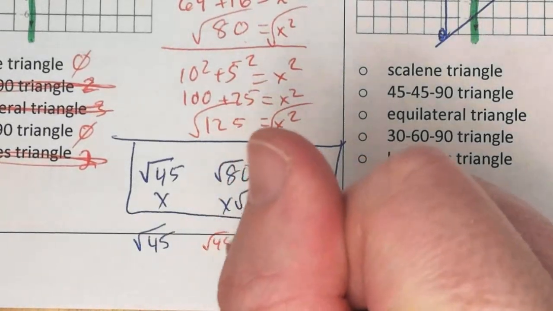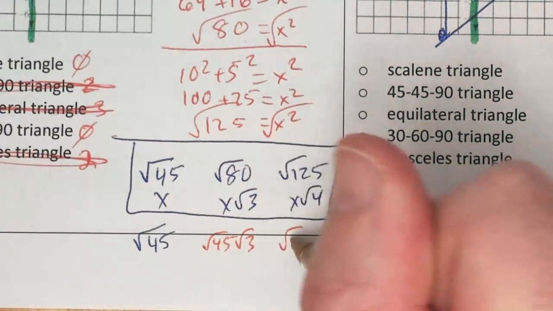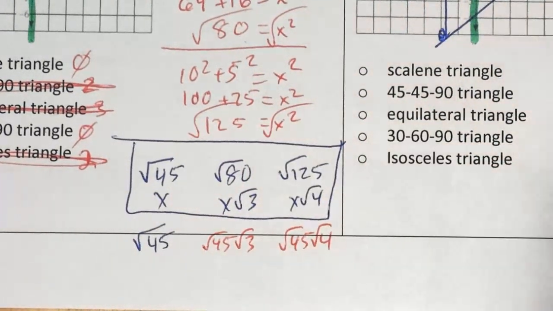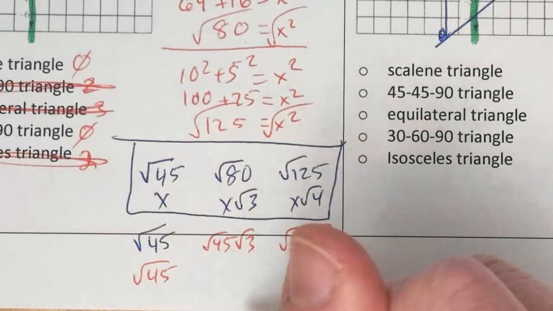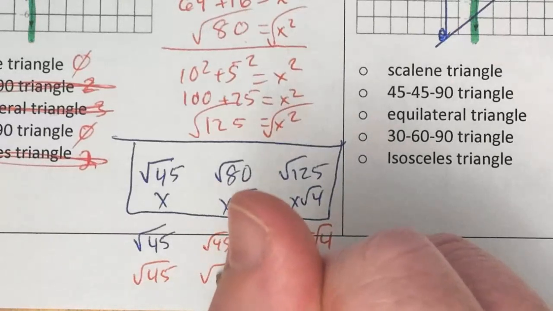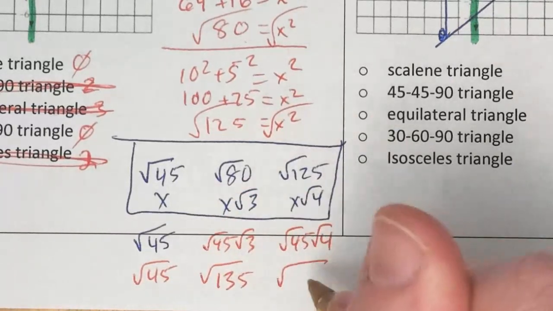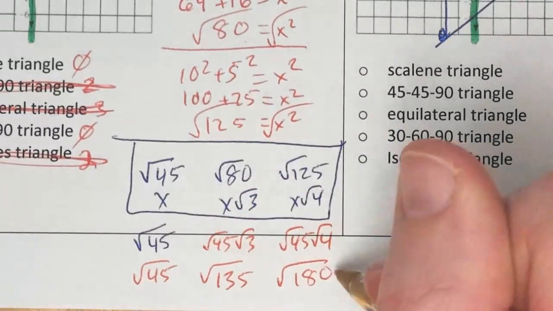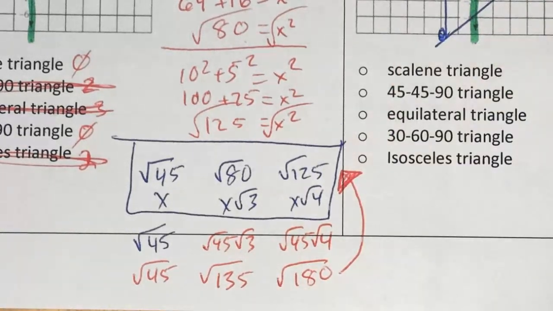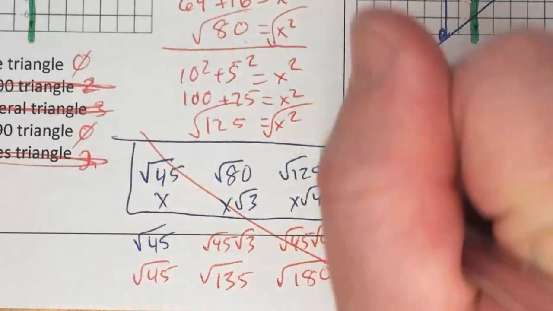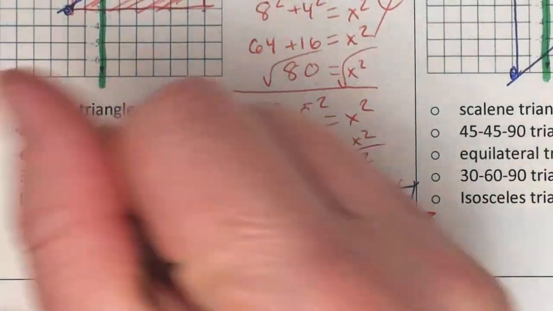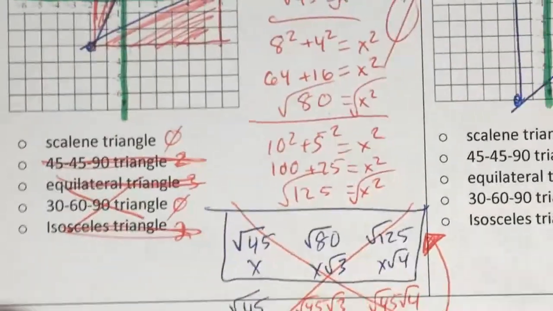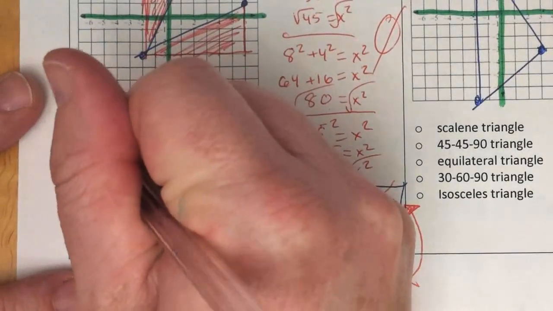Okay, so we're going to do 45 times 3 and 45 times 4. That is what we're checking on. So we put this in the calculator. We get radical 45, radical 135, and radical 180. Are these the same? Nope, they are not. So it is definitely not 30, 60, 90. That did not work. So our only answer was scaling.